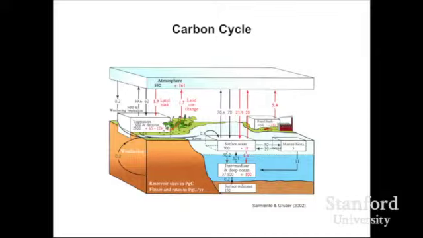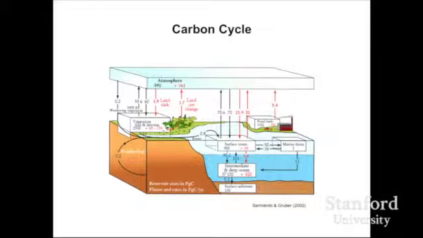This is a simple representation, but it's meant to emphasize that if we keep track of the movement of carbon through or around the Earth, it's complicated. There are a lot of parts to the carbon cycle that we are still studying and trying to understand.